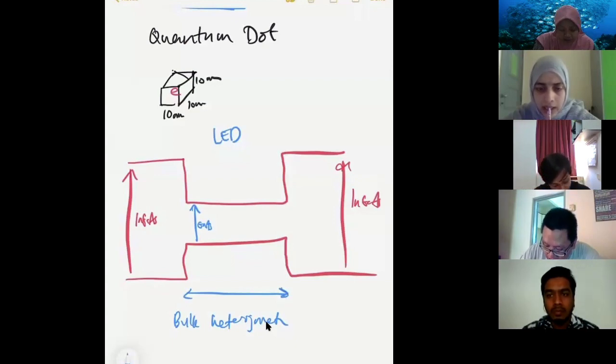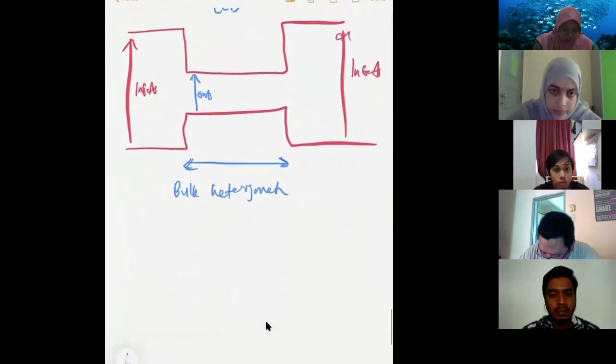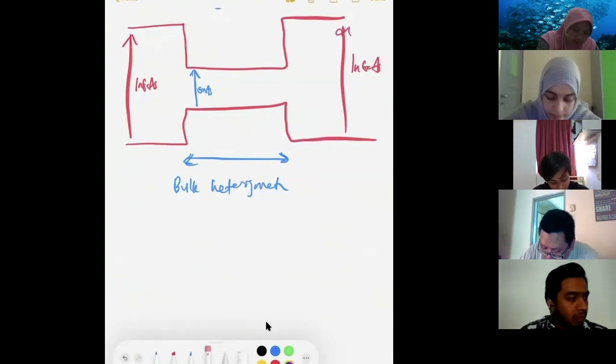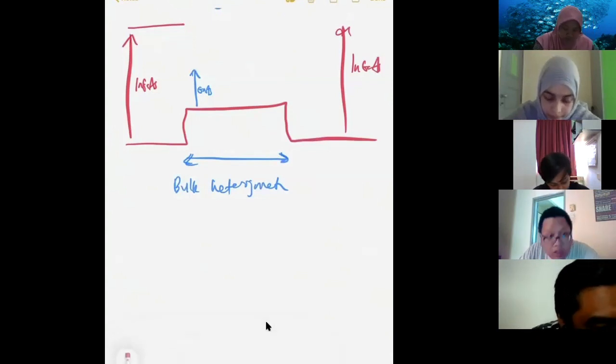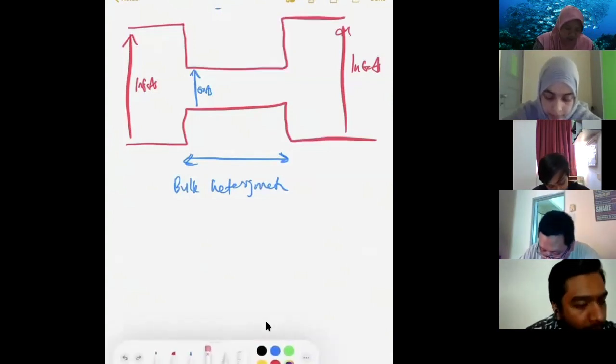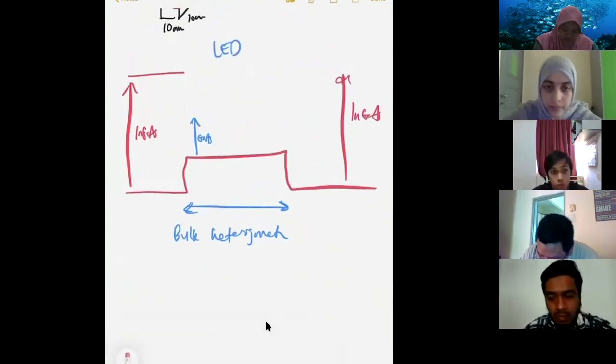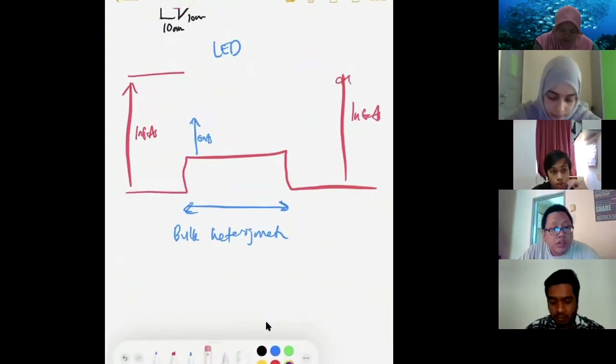Bulk, I mean big. But if you want to change it, you can put in an indium arsenide quantum dot, and indium arsenide is lattice matched to gallium arsenide. I can't rub this off, it will rub off the whole thing.